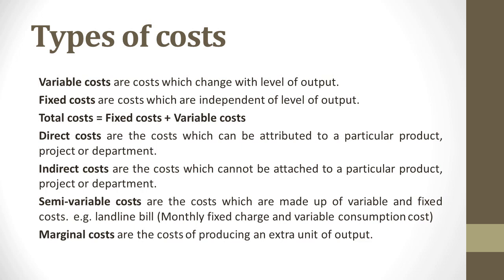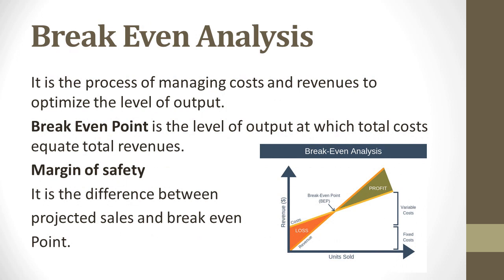For example, the electricity bill contains meter rent, and it also contains the bill according to the consumption that has occurred in a particular month. So we are talking about semi-variable cost when a particular cost has a fixed element as well as a variable element associated with it.